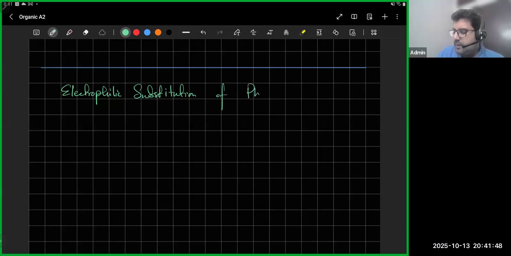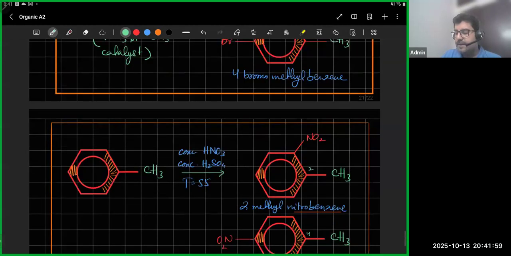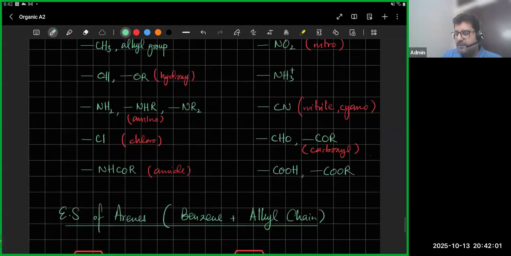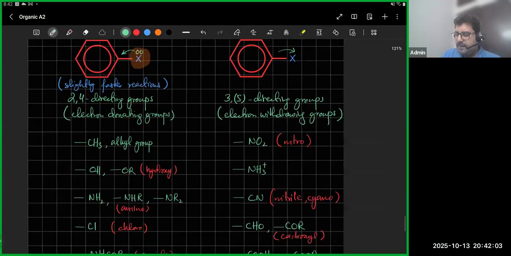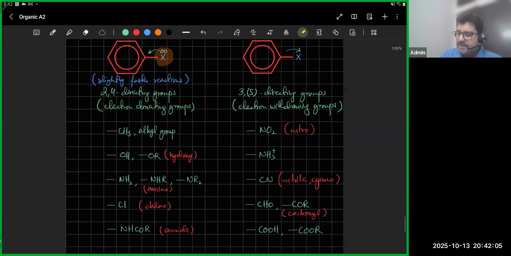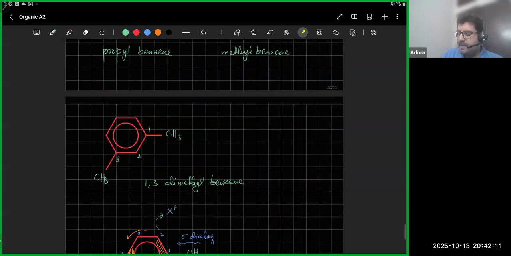These were the ones with OH. A benzene alcohol is called a phenol. It's different from an alcohol. Remember there were 2, 4, 6 directing groups. We did alkyl chains right now, and then there is OH and then there is amine, so we have to do those as well.